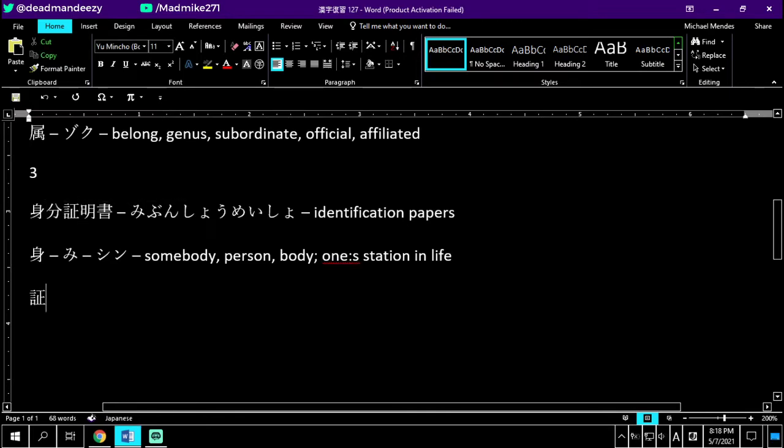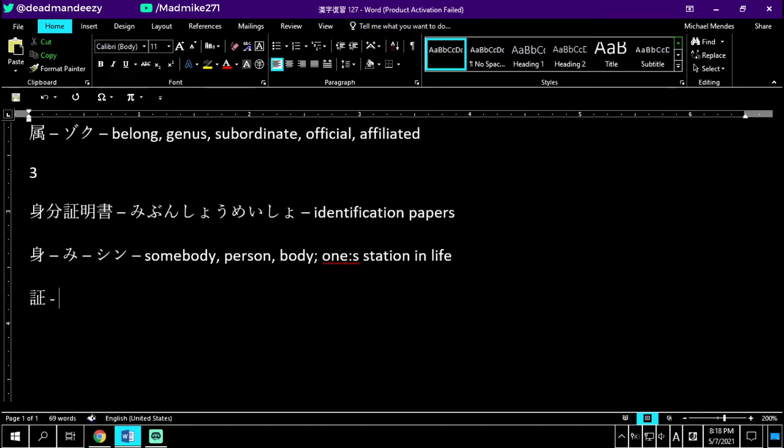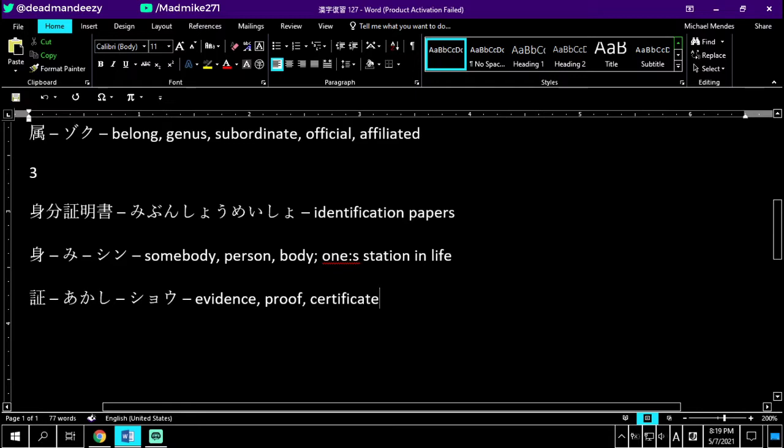Second new kanji is akashi. Sho, which is evidence, proof, or a certificate, or talking correctly. This is talking on the left side and correctly, or right, or justice on the right.